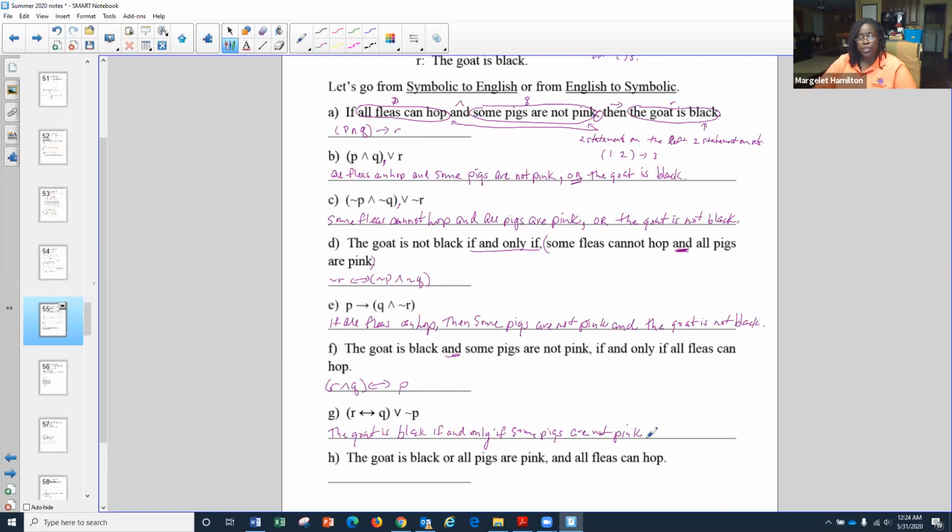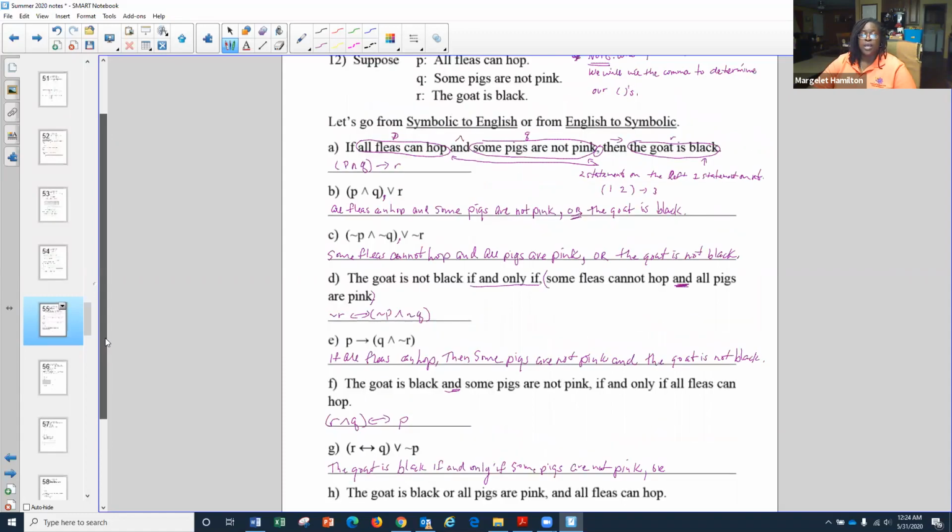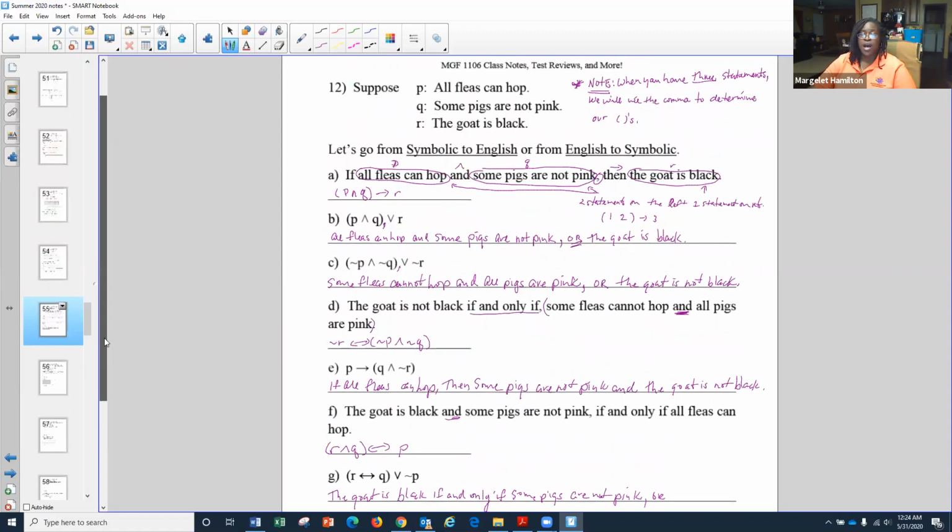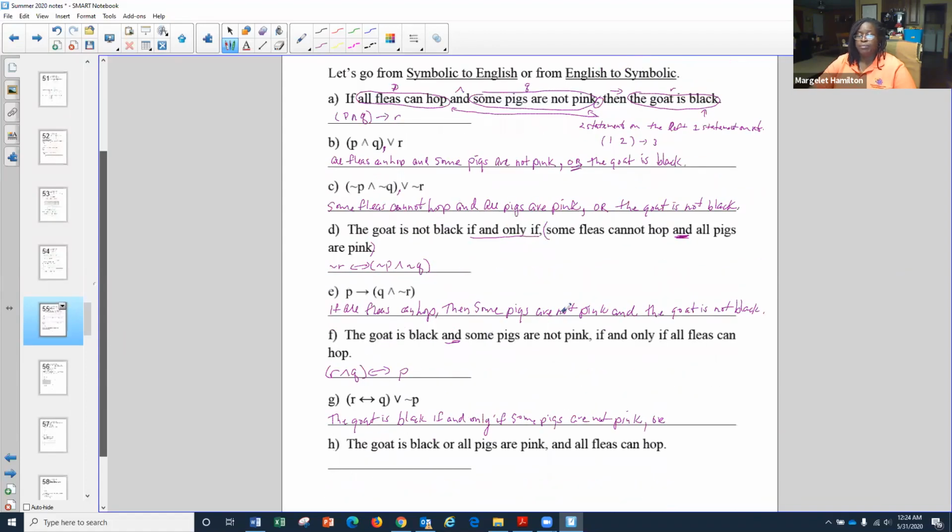Okay. Comma, or negation P, and P is all fleas can hop. The negation is some fleas cannot hop.